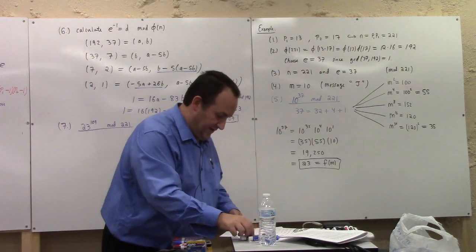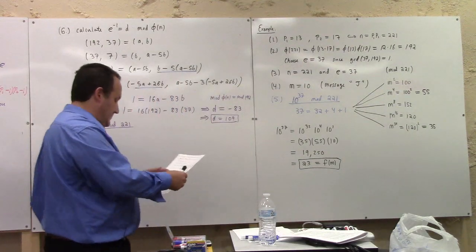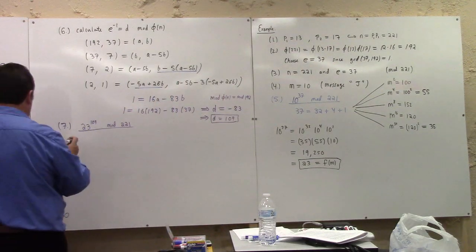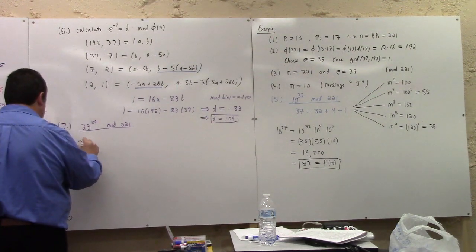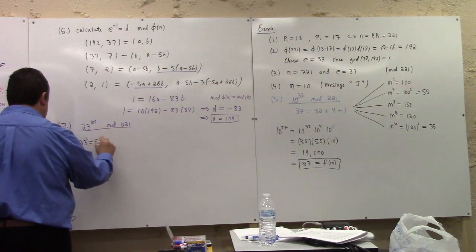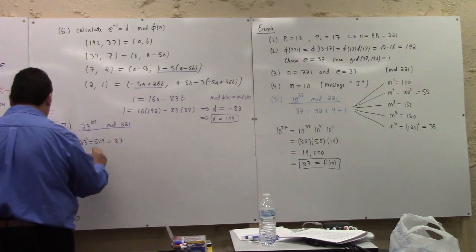So how does that actually go? Well, let me talk about it. Here are some of the sub-calculations. I do 23 squared. That's 529, but that's congruent to 87 mod 221.